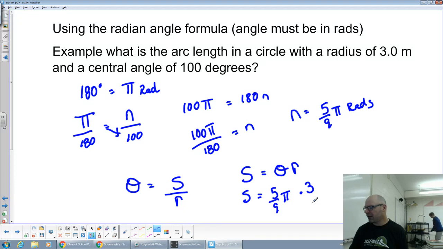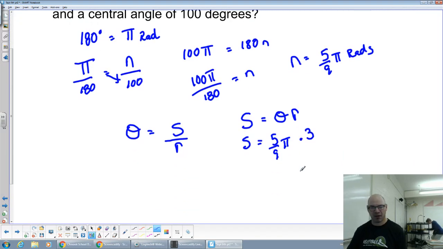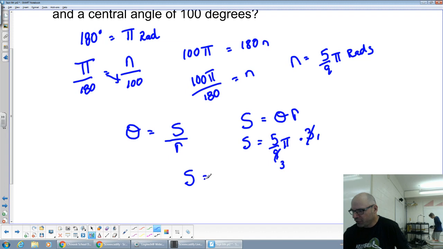Now, you might not want to leave this in the pi form depending on how the book looks at it, but if you wanted to, you could. We can cancel out the 3 here, and cancel the 9 into a 3, because that's how you do fractions. Hopefully you're solid with fractions. So this would be 5 over 3 pi meters.